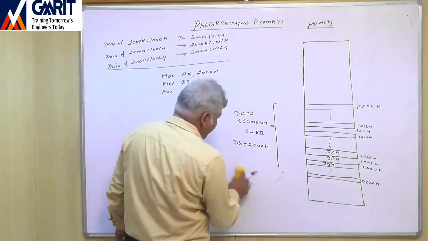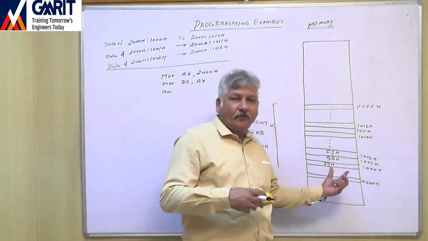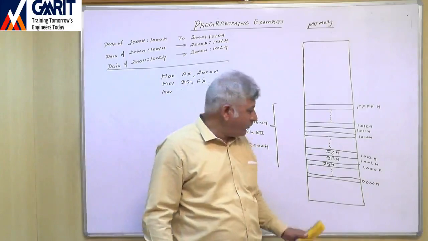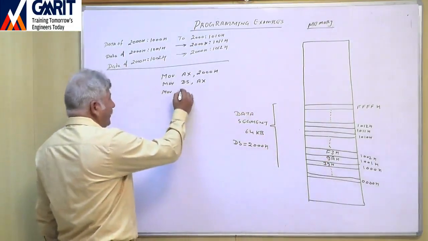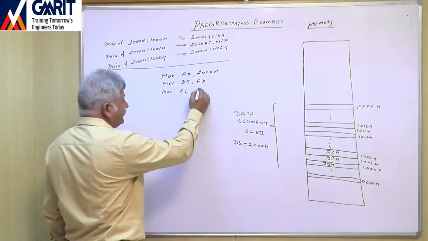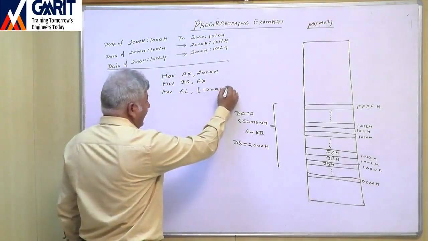So what we will do, first we will bring the 8-bit number inside our microprocessor and we will store it in some 8-bit register, right? Because this is the 8-bit number which we want to bring. So I will write the instruction MOV AL, comma, within bracket 1000H.